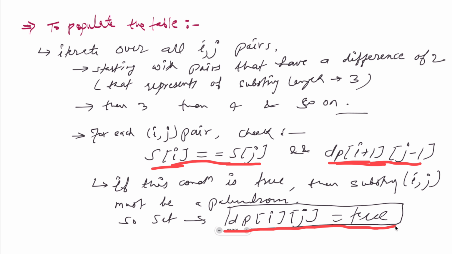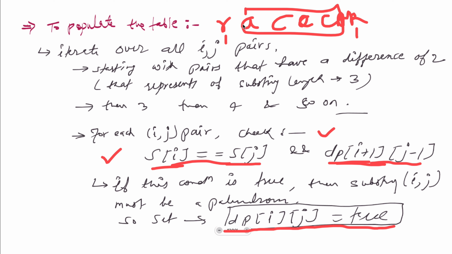So we have to check two things. First, both characters should be the same, and the inner value should be true. If both are true, we go to the next character. We have seen it in the example "race a car". If I is here, we are talking about from here to here.